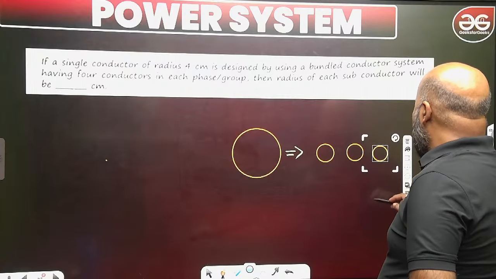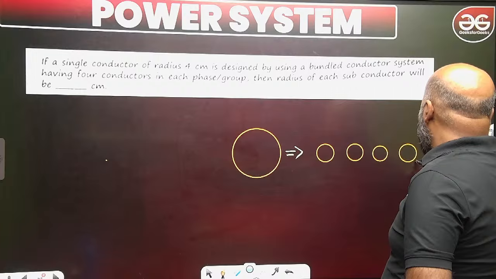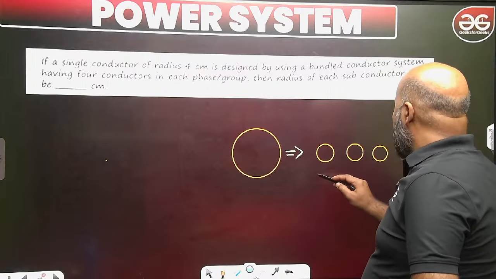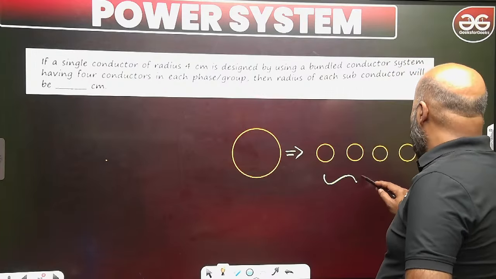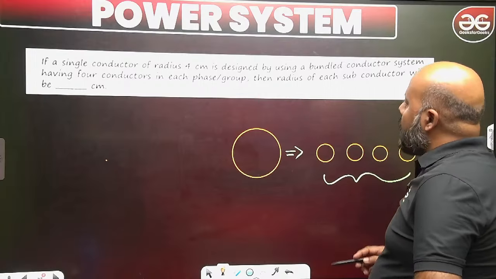We use the name subconductors when we talk about bundled conductors.